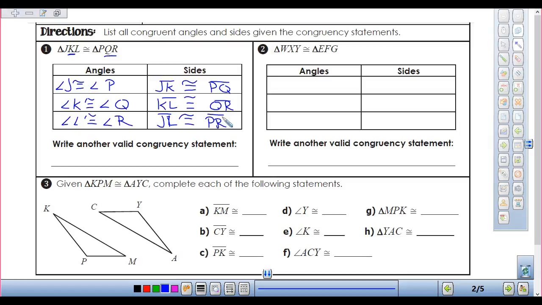Number two. I could use a little more participation rather than just one person telling me. Angle W is congruent to angle E. Angle X is congruent to angle F, and angle Y is congruent to angle D. Yep.